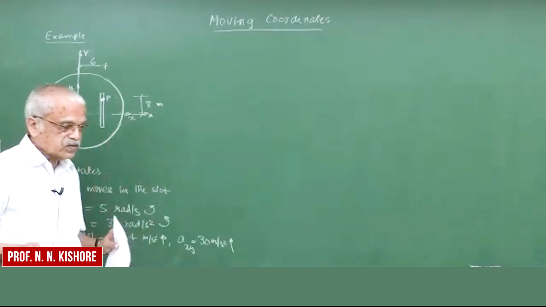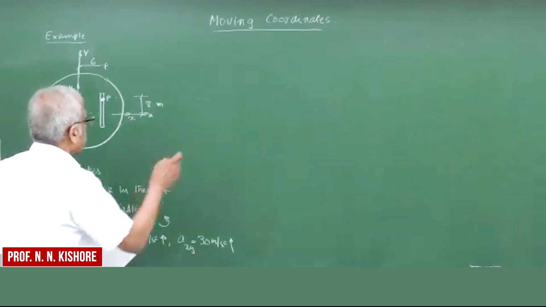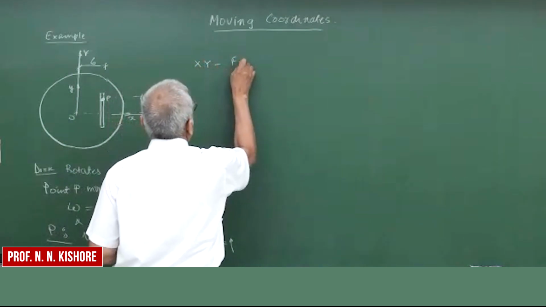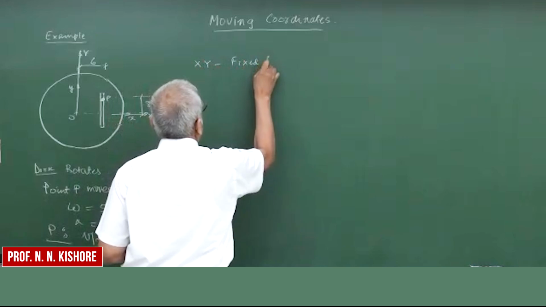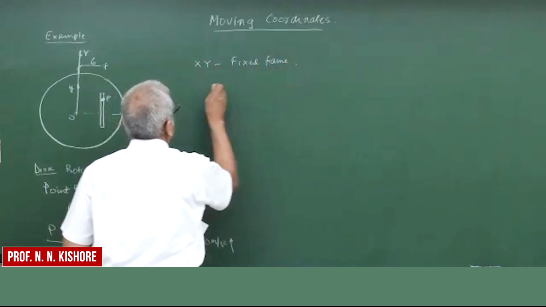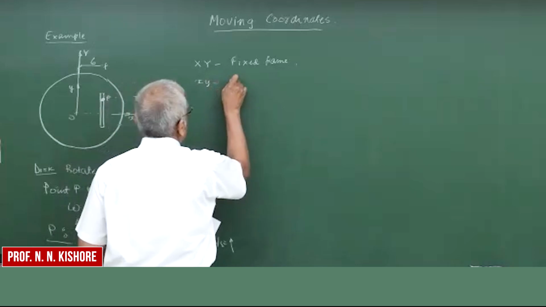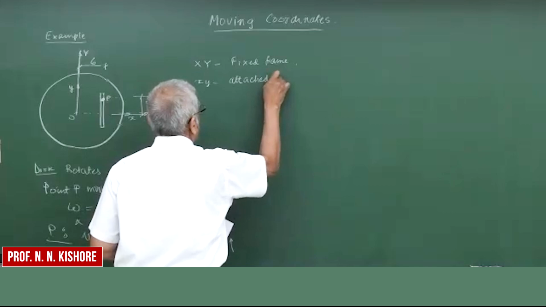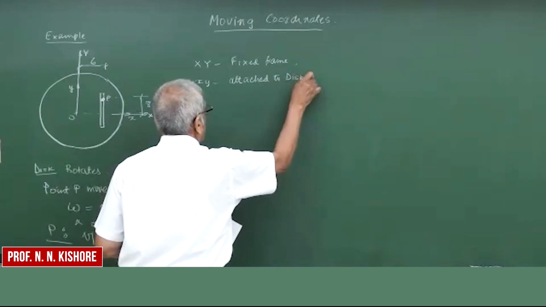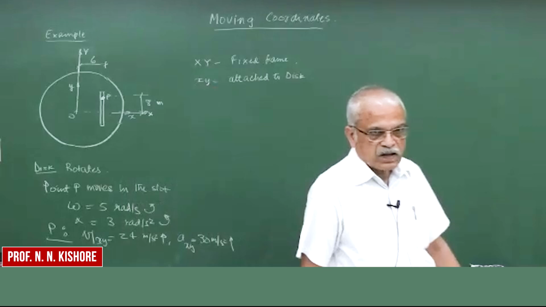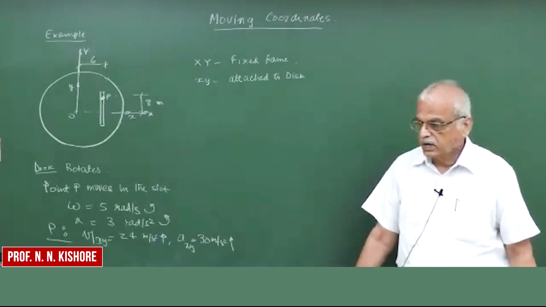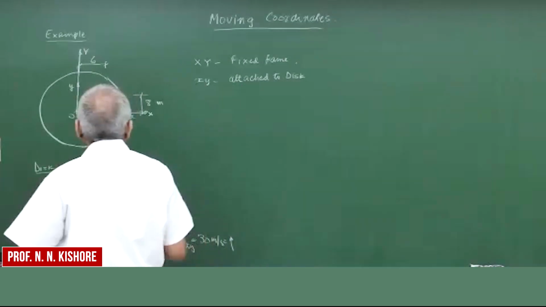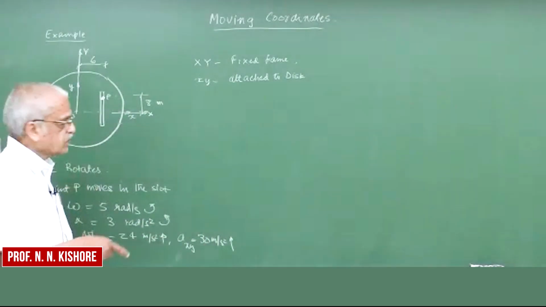And let's say we have a big xy, which is the fixed frame, and a small xy, which is attached to the disk. So this is all the data we have here. What is important is that we set up this small xy attached to the disk.